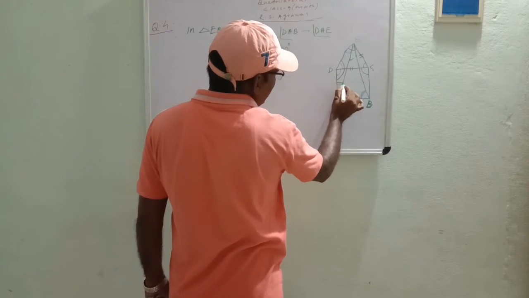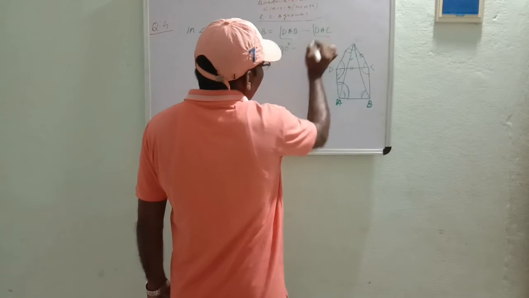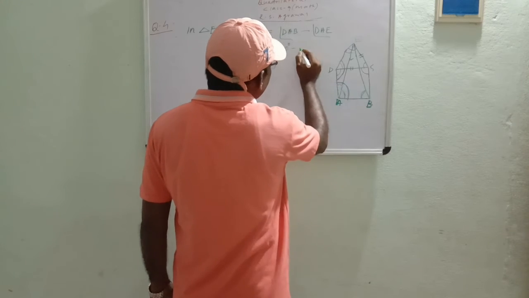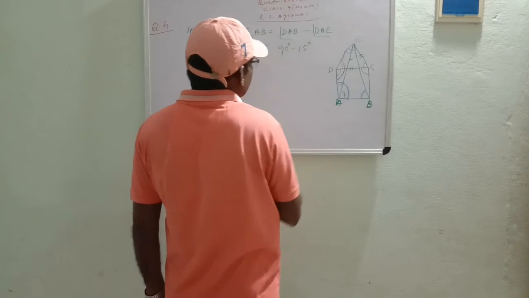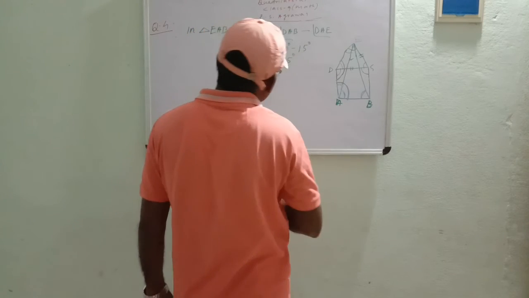This angle is 90 as it is a square, minus angle DAE equal to 15 degree. Already you have found it out. Now subtract and you got finally 75 degree.